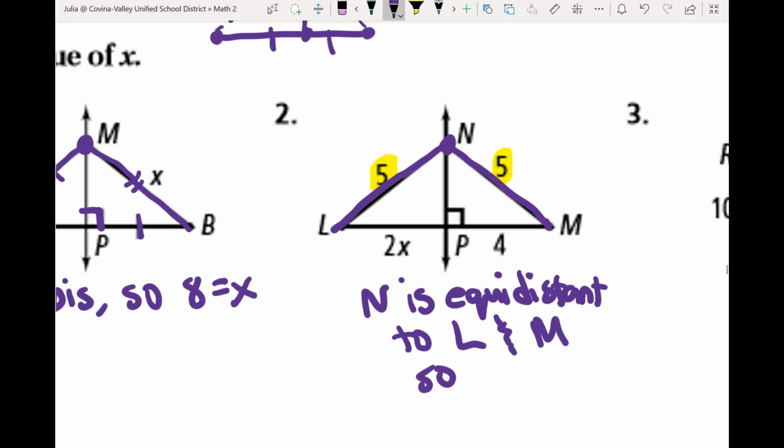Yep, LN and NM are equal. That was the given part. Now what's the conclusion part? We know that that makes this a perpendicular bisector. That's right. Good job. LP equals PM. So therefore 2x equals 4, making x equal to 2.